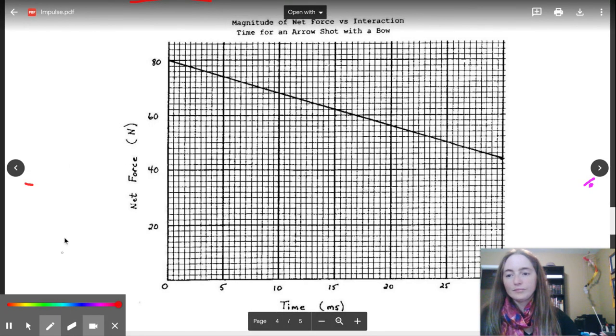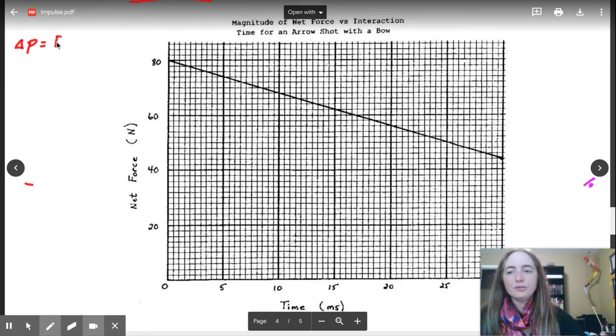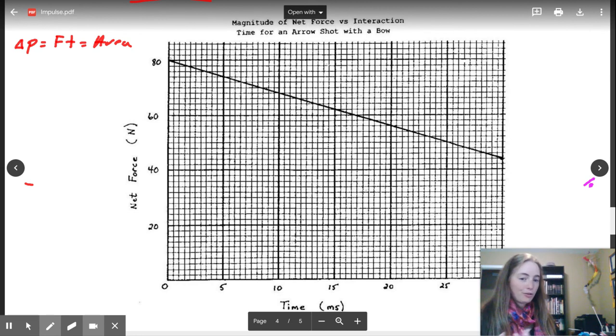Our impulse is equal to force times time, which means we want area. If we want the area of this graph, we are going to have to break our graph into 2 shapes, because we've got this triangle here. Please forgive my inability to draw a proper straight line on this. You should absolutely be using a ruler.